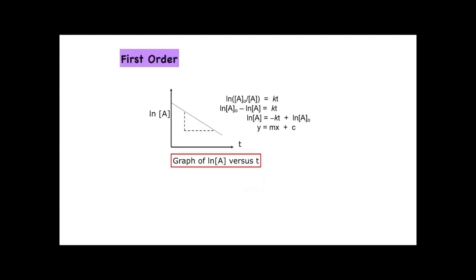If the reaction is first order, a linear graph is obtained if you plot a graph of ln concentration of reactant against time. And again, if you find the slope of the graph, it is equal to the rate constant.